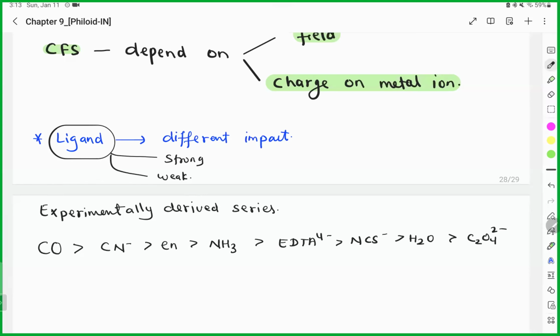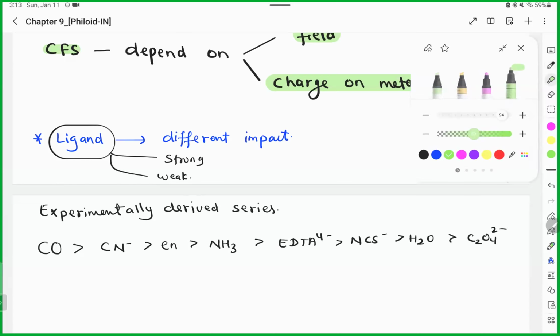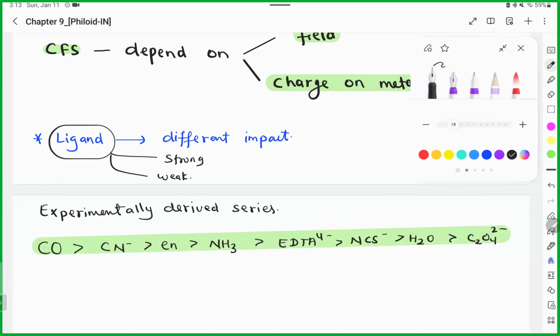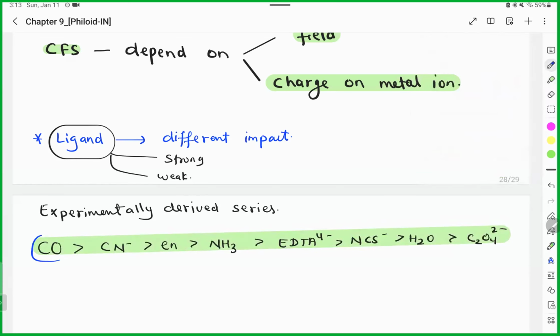So usually you will feel that these are the strong ligands. You can't remember this sequence in the first instance, and that is absolutely fine. You are not supposed to remember it. But you should correlate whatever you studied. For example, in valence bond theory, we studied carbonyl, this is a strong ligand. We studied cyanide is a strong ligand.